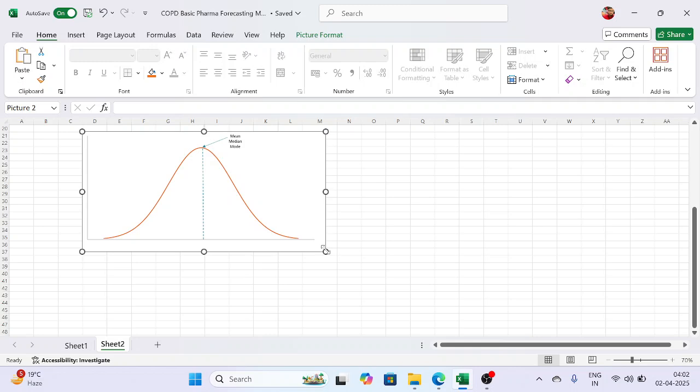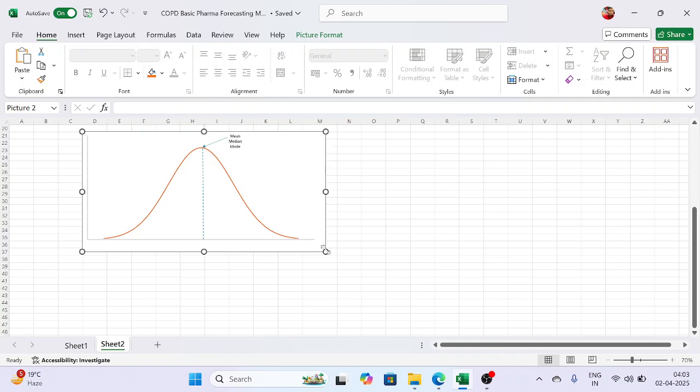Now from clinicaltrials.gov, the pivotal trial results are out, right? So within a year, or within 1 to 1.5 years, the drug is going to get launched in the market.